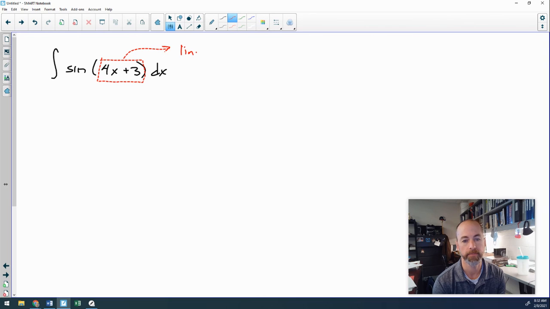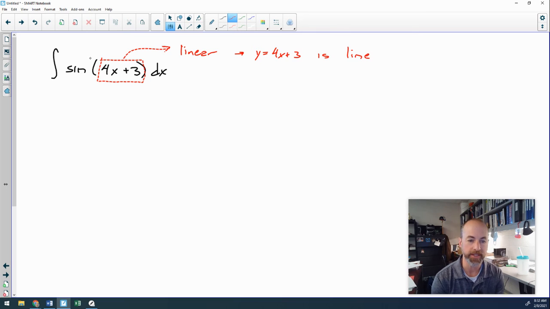So that's linear. And linear just means that if you were to graph y equals 4x plus 3, that's a line. So if the inside is linear, and you're really good at memorization and comfortable with the stuff that I just did on the first 6 problems, you can actually extend the rule to include anything linear.